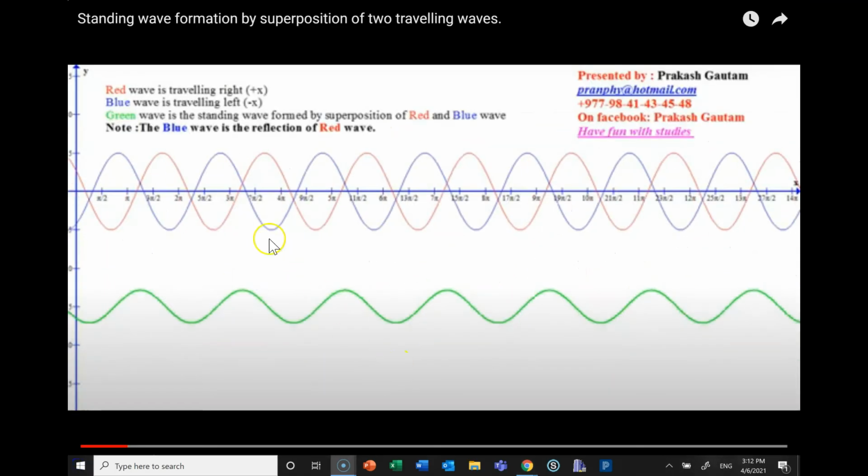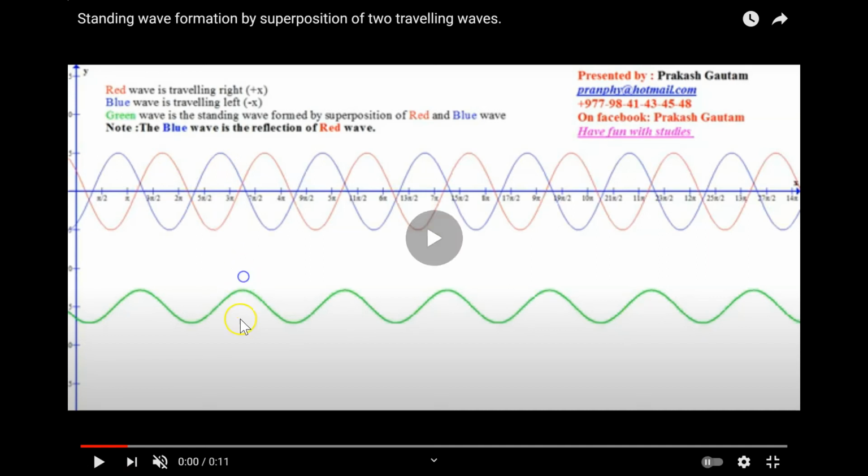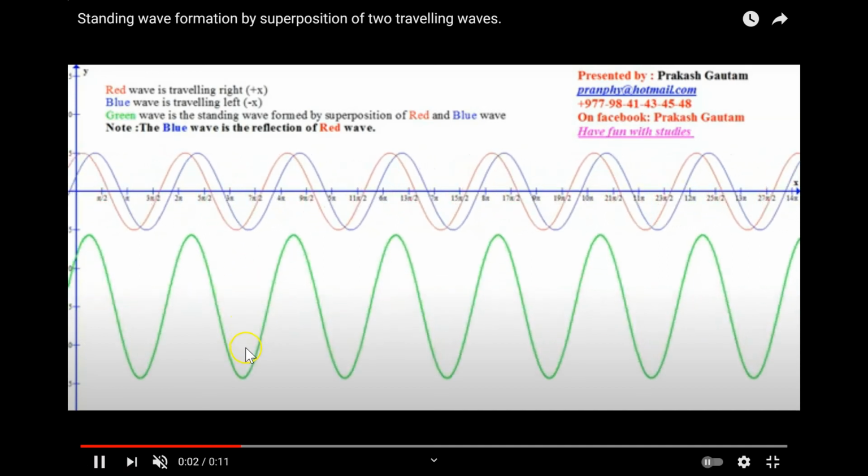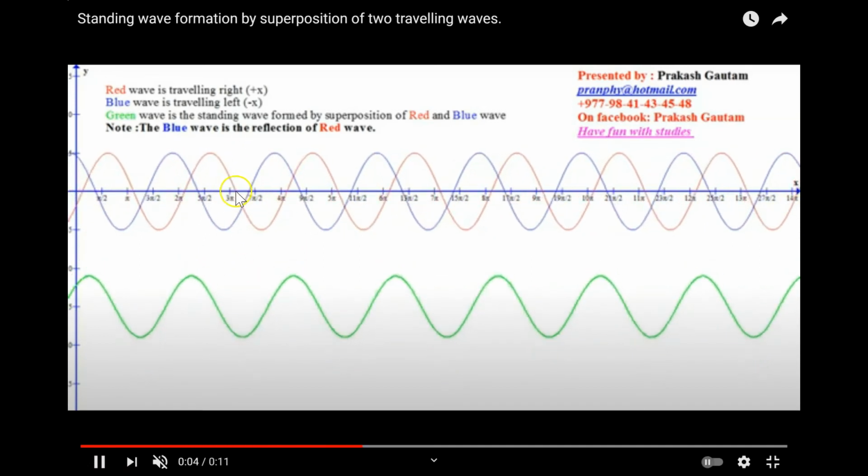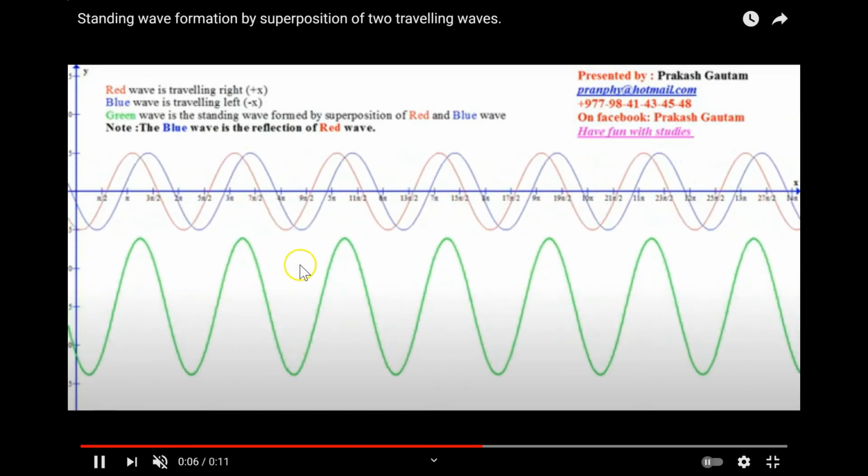So why are there certain places that always reach the highest and lowest, antinodes, but other places that never move up or down, nodes? To understand how those are created, we need to look at the two traveling waves again. Let's watch this antinode where my cursor is, but don't look at the antinode. I want you to look up here at the two traveling waves that create this antinode.